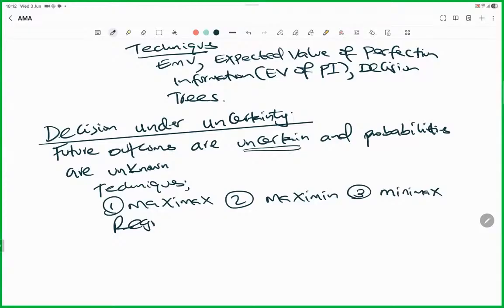Now we should be able to go to our past papers that all of us happen to be having.